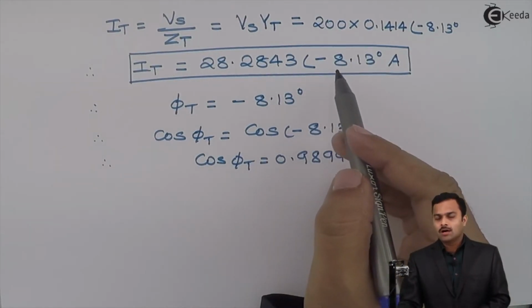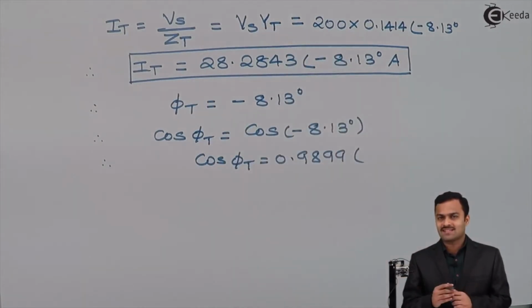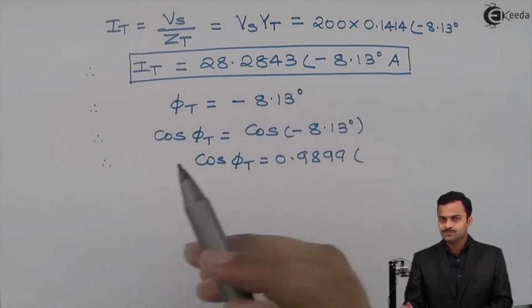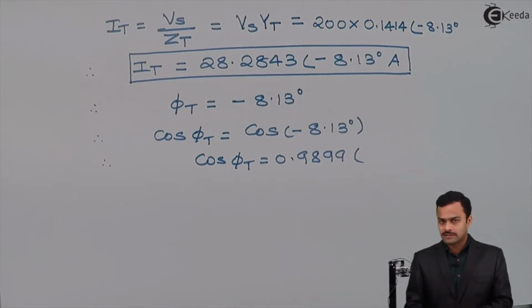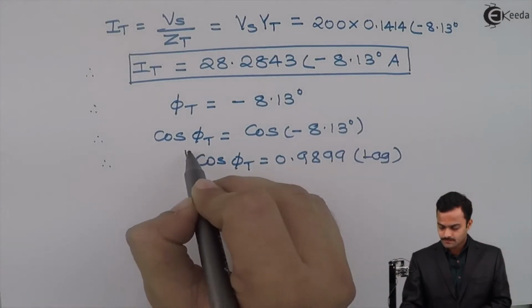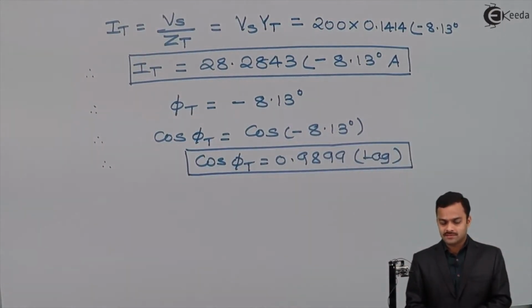The angle of current is negative because the voltage angle is 0. It's a parallel circuit, so voltage is the reference, and with respect to the 0 angle of voltage, I am getting a negative current angle. That means current lags voltage. Therefore, the nature of the power factor is lagging. This is the second part of the answer.